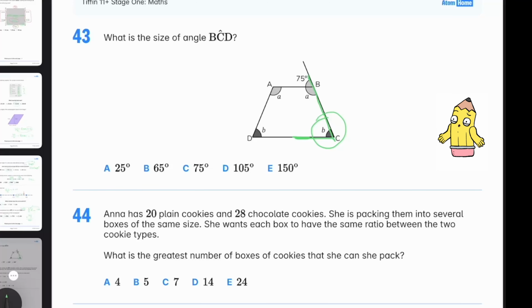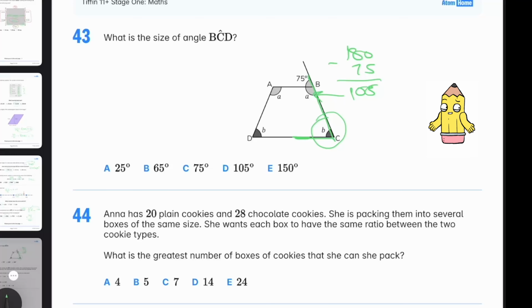Now first let's find the size of angle A, because we know angles on a straight line add up to 180 degrees. So 180 minus 75 gives us 105 degrees. So now we know that A is equal to 105 degrees. So we've substituted that in. We've got 105 and 105.